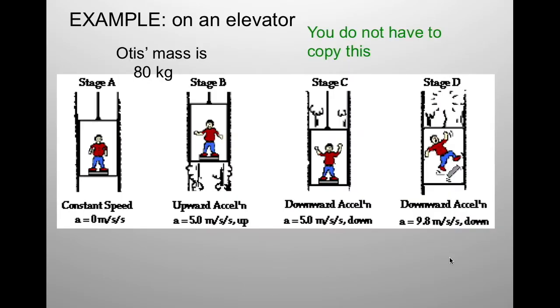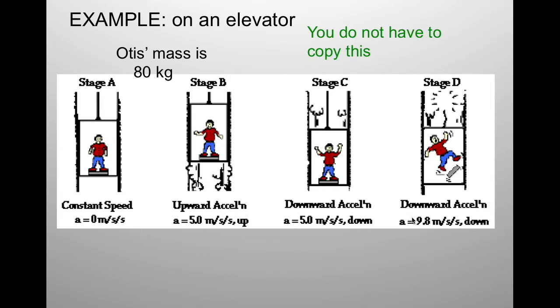So here's an example that you don't have to write down, but we are going to use this in the next few slides. Here is Otis, and his mass is 80 kilograms, and he is standing still, at rest on the elevator. Stage B, he is experiencing a 5.0 meters per second squared acceleration up. Down here, in stage C, we have a 5 meters per second squared acceleration down.